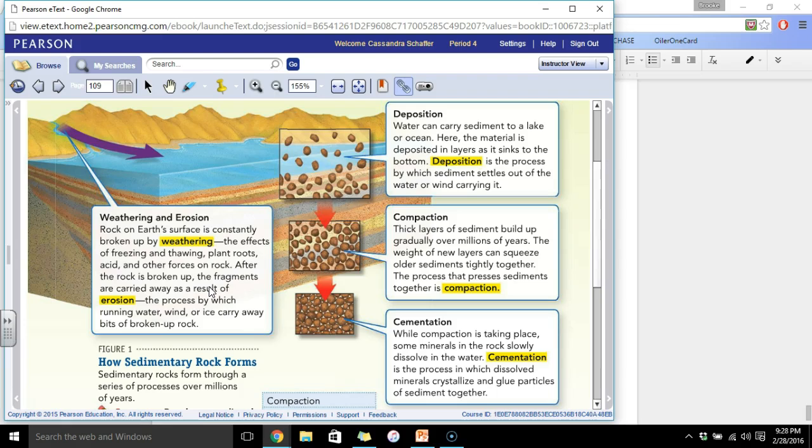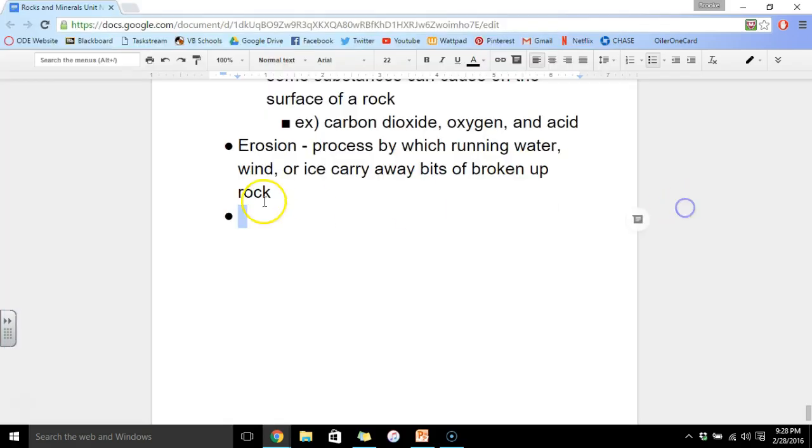So, weathering is what breaks the rock down. Erosion is what carries the broken up rock away. And deposition is when the sediment settles after it's been carried away, and then it deposits, right? It settles.